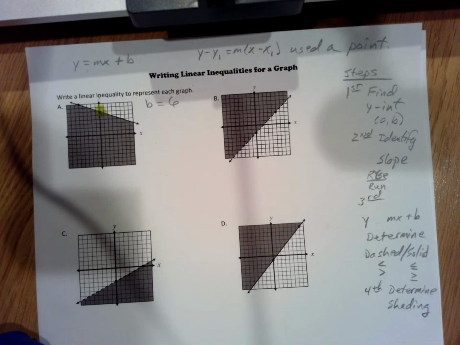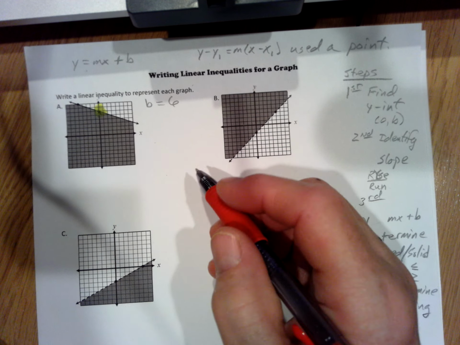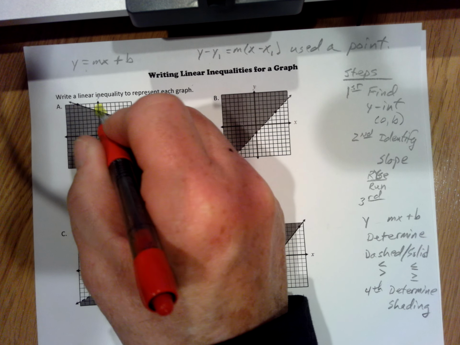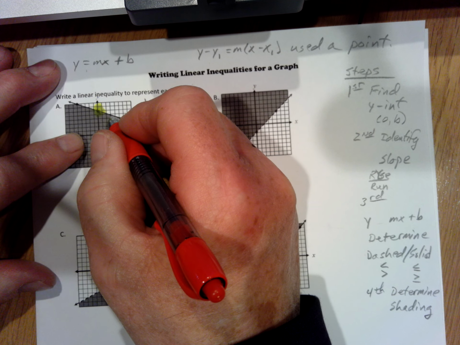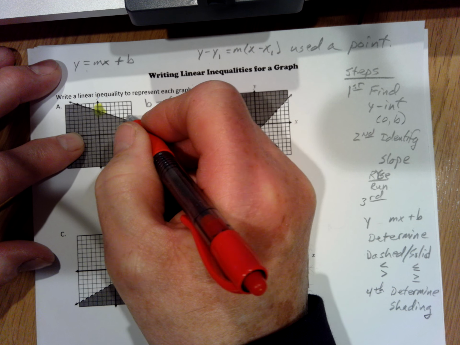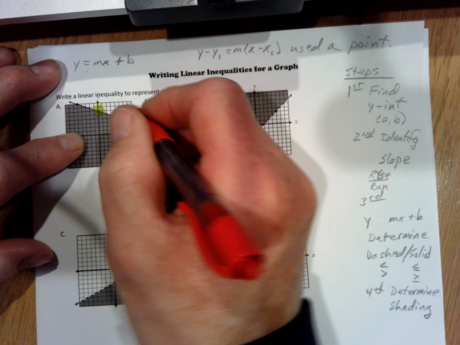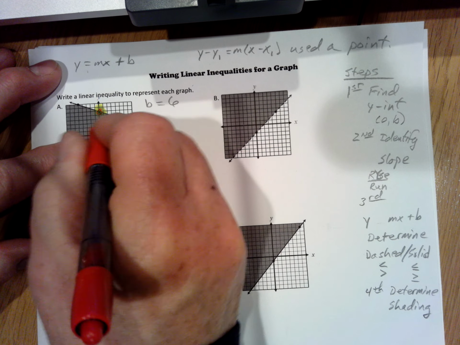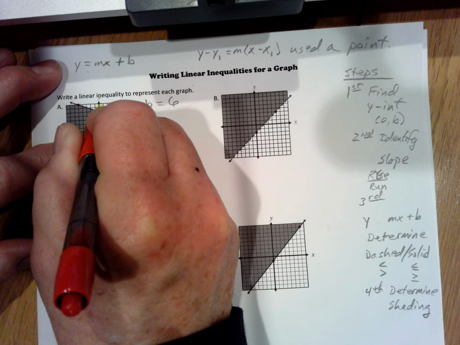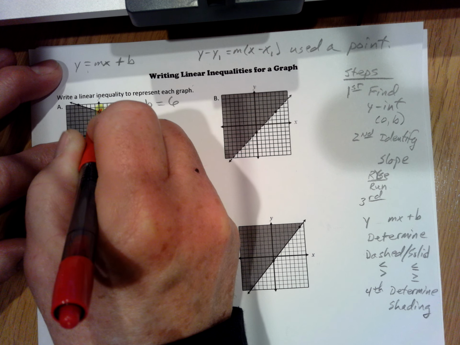Now, the next thing I'm going to do is I'm going to just look at my line, and I'm going to try and determine my slope. I see there's a point there, and there's a point there. So I can draw this triangle in for rise over run.